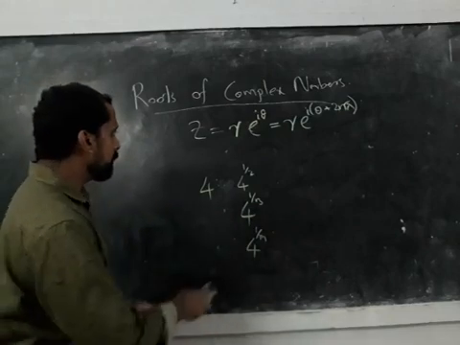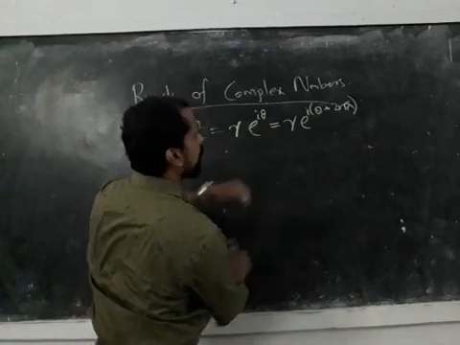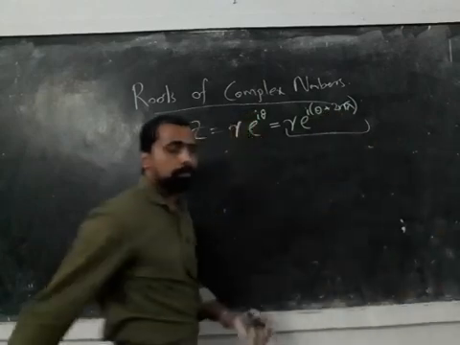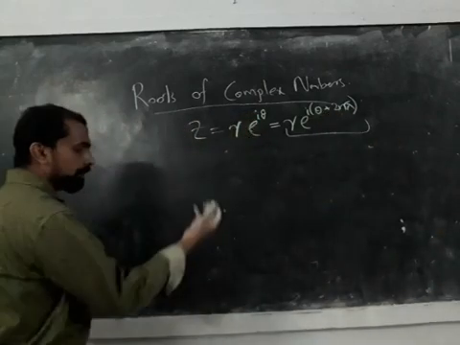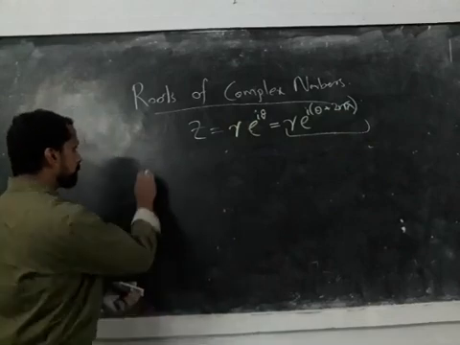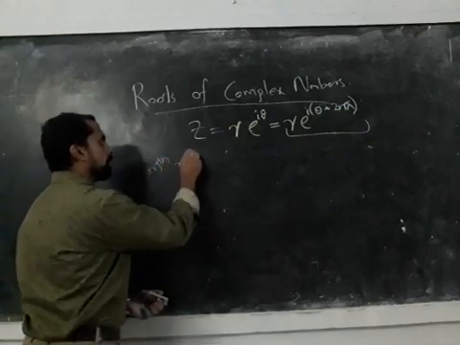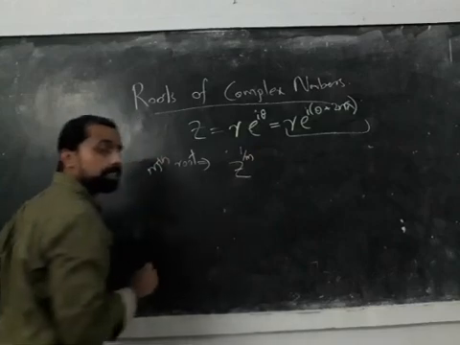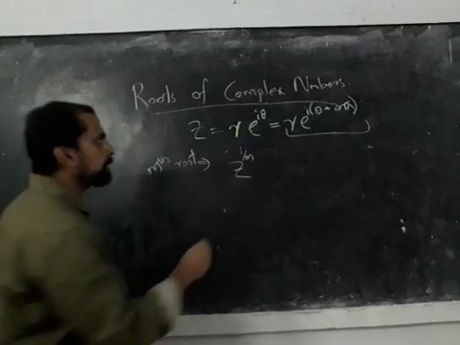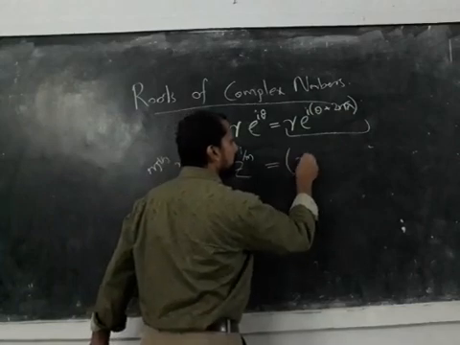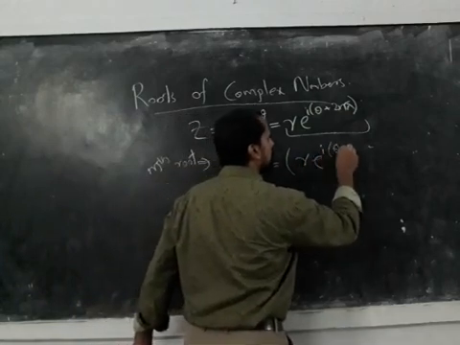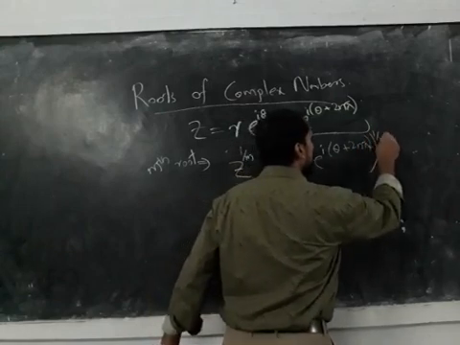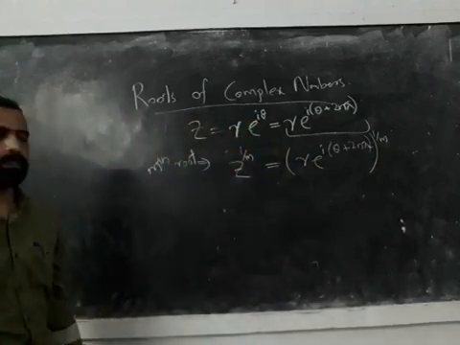So similarly, here you have z is equal to r e raised to i (theta plus 2n pi). This is most general. Okay. So if I want to take the mth root, then you have to take z raised to 1 by m, that is equal to (r e raised to i (theta plus 2n pi)) raised to 1 by m, isn't it?